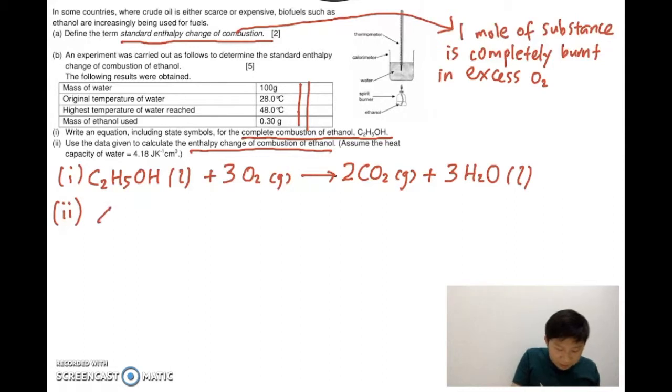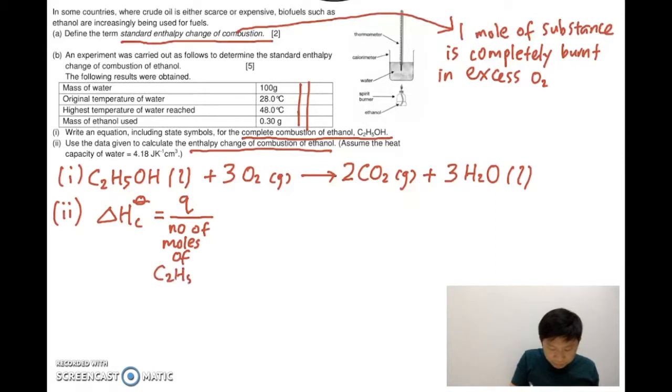So remember, triangle H standard of combustion equals Q over number of moles of ethanol. Okay, so remember, it's always the heat released. So for this case, it's confirmed a negative value, okay, because it's exothermic.